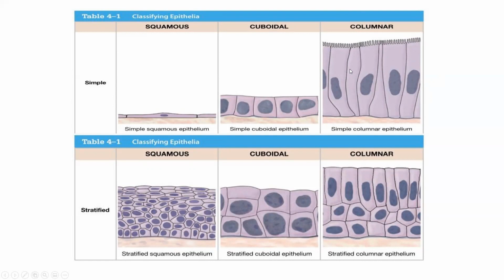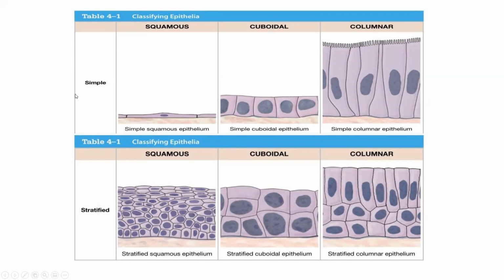I failed to mention earlier why the number of layers in the cell is important. Well, that helps us describe epithelial tissue. And so if there's only one layer of cells in the epithelium, we refer to that as simple. If there are more than one layer of cells, it's referred to as stratified.